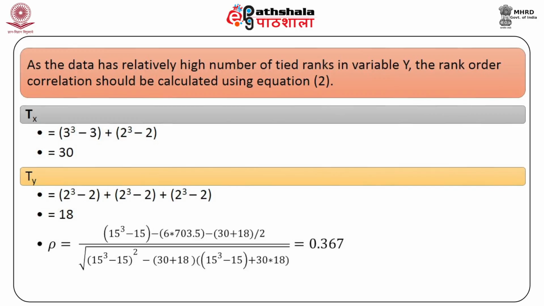The rho is then worked out using Equation 2: 15 cubed minus 15, minus 6 into (703.5 minus (30 plus 18) divided by 2), and the whole divided by the square root of ((15 cubed minus 15) squared minus (30 plus 18) into (15 cubed minus 15) plus 30 into 18), which turns out to be 0.367.